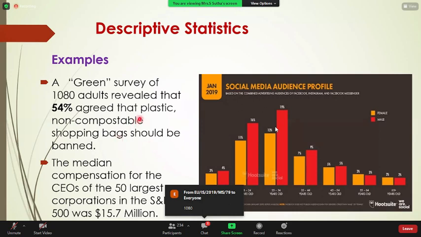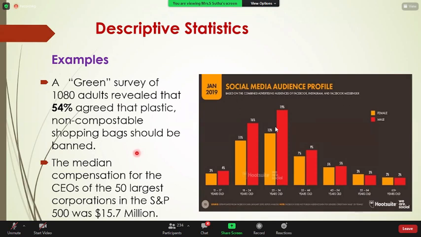Whether the non-compostable shopping bag should be banned or not. Then 54% say that the plastic non-compostable shopping bags should be banned. So it's regarding whether we have to ban the non-compostable shopping bag.